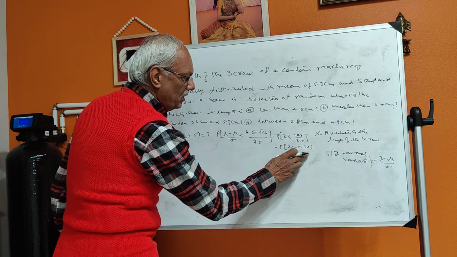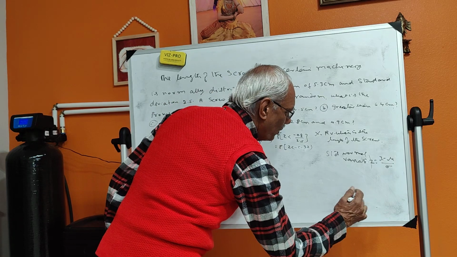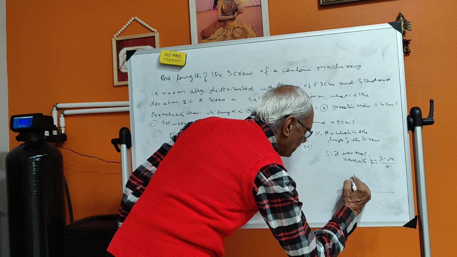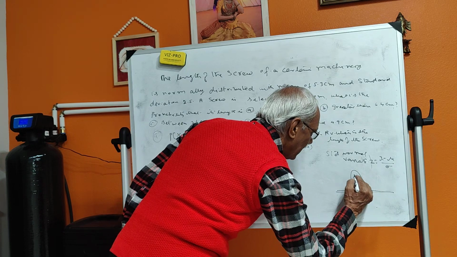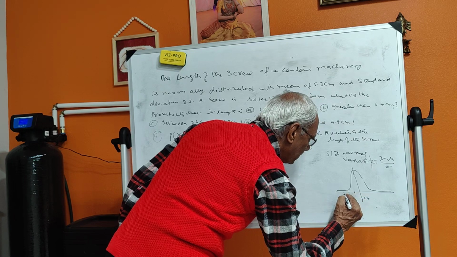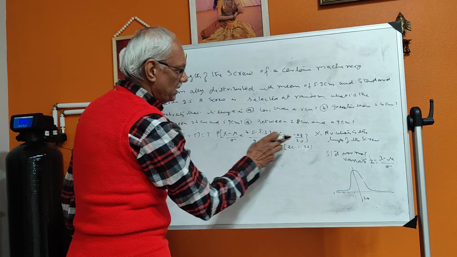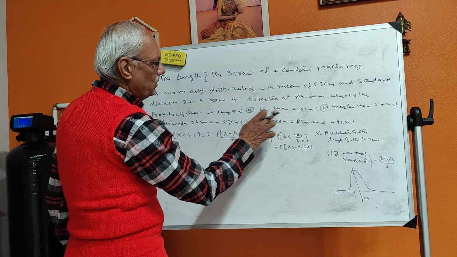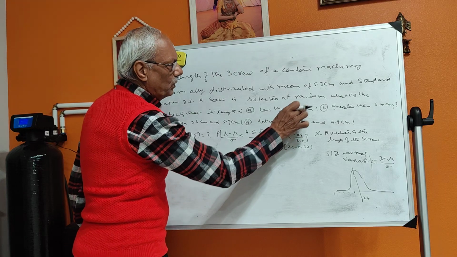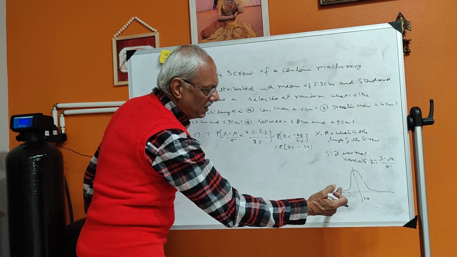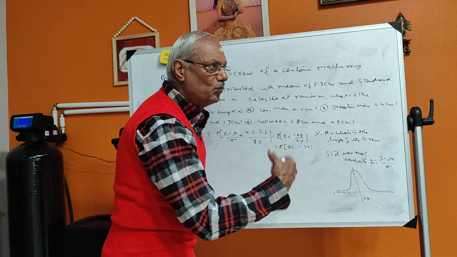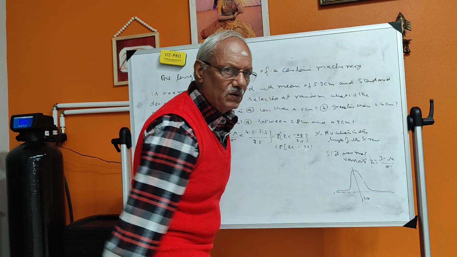Now, having found the value of this P of Z, go to the normal distribution curve like this. This is your Z is equal to 0. If the given value is 4.5, which is less than 5.3, it will lie to the left of Z equal to 0, and if it is more than 5.3, all values will be lying to the right.